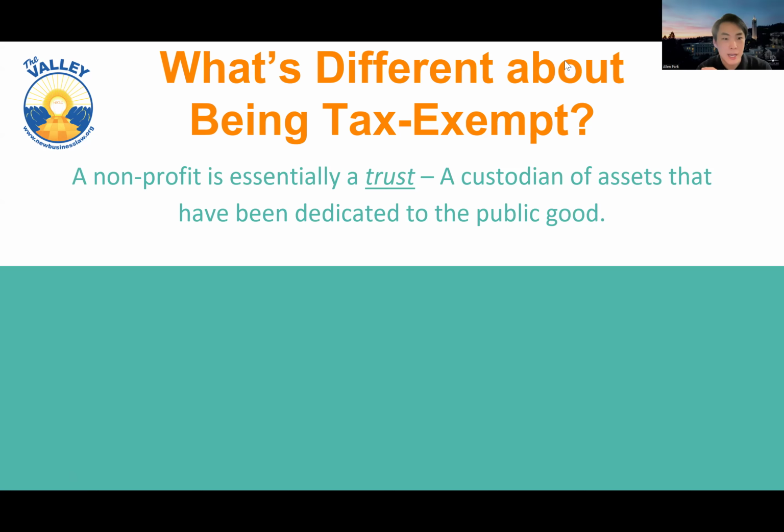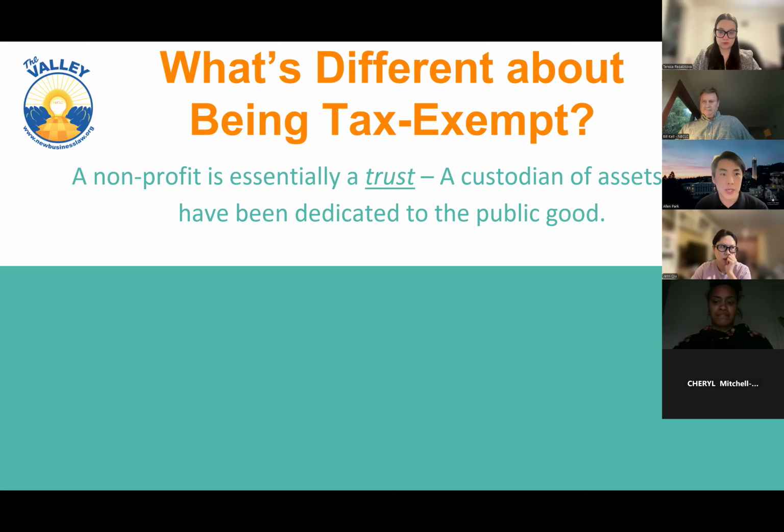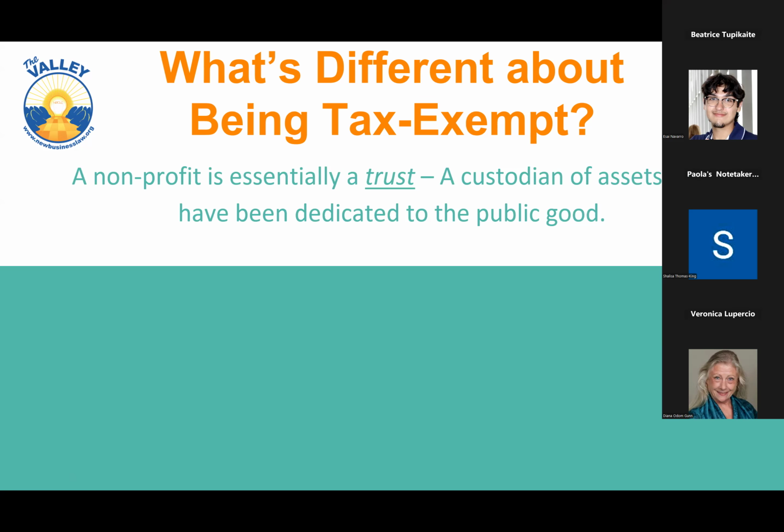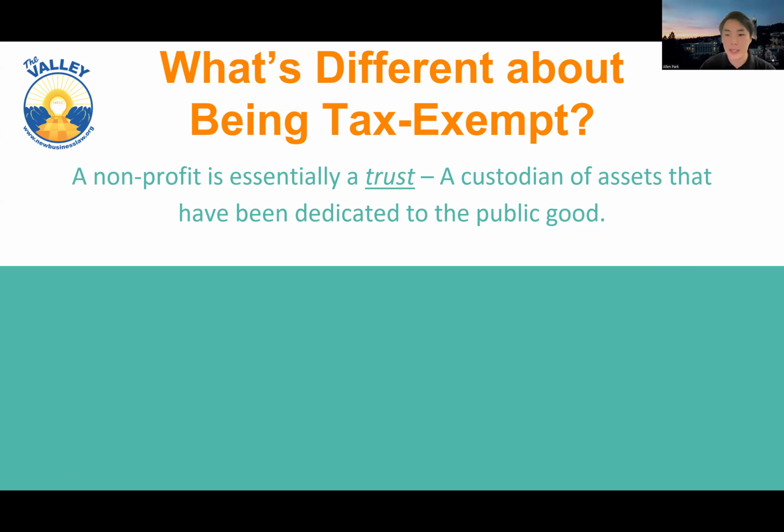And they have to live by these rules, right? You can't just set up and change down the road. Once you start as a nonprofit that's tax exempt and get that recognition, these guiding principles will have to remain in the organization down the road. And here are the four guiding principles.